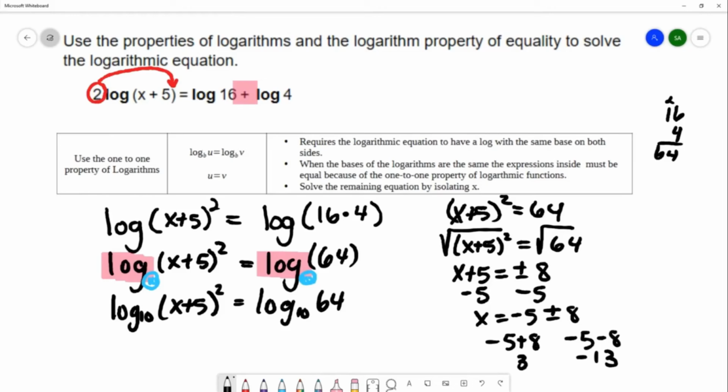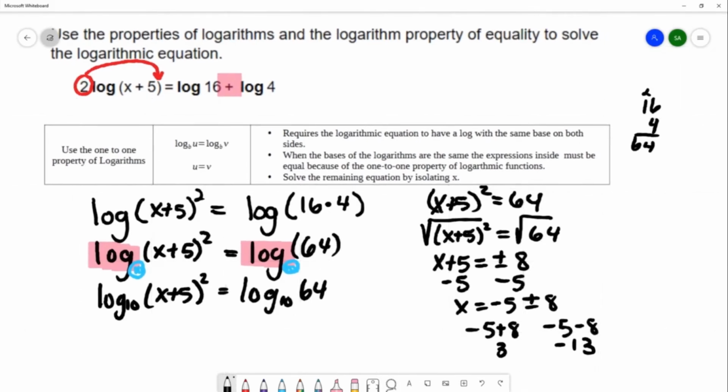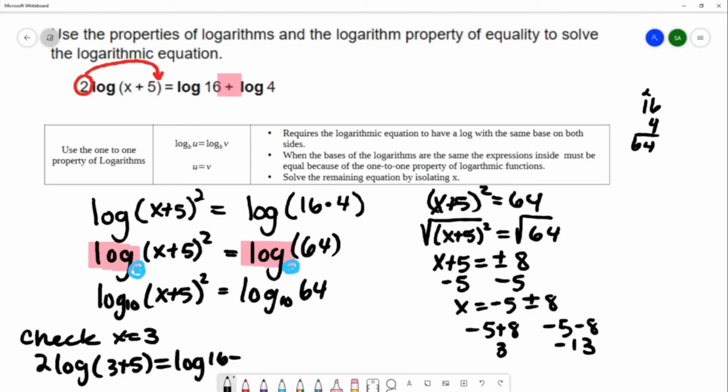Now with logarithmic equations, you need to check to make sure that your values are in the domain of the original function. So let me check x equals 3 in the original equation. That's 2 log of 3 plus 5 equals log of 16 plus log of 4.